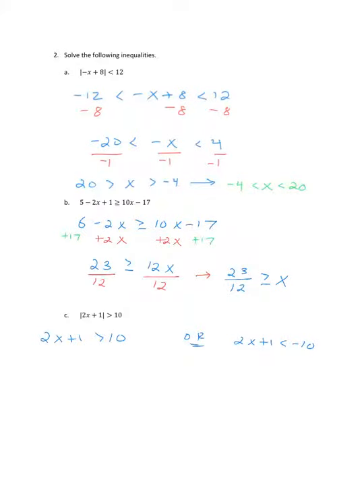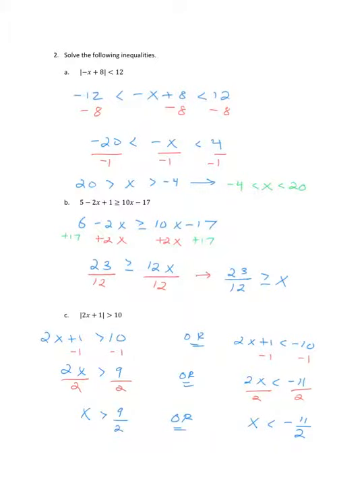So I will subtract 1, which gives me 2x is greater than 9, or where is 2x less than negative 11? I'll now divide both sides by 2. This does not change the direction of the inequality, but I get x is greater than 9 halves, or x is less than negative 11 halves. Those are the solutions.